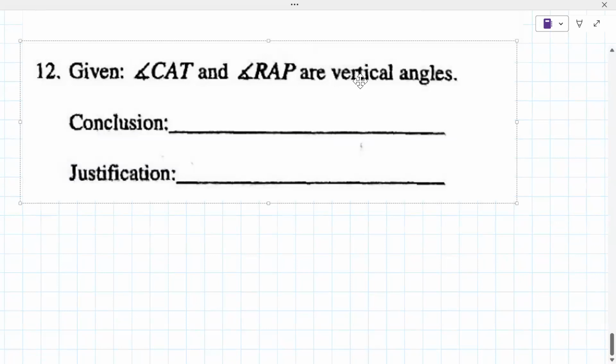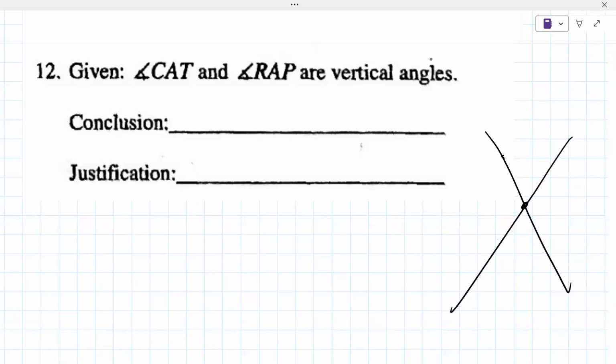All right. So this one's given angle CAT and angle RAP are vertical angles. Okay. What can you conclude about vertical angles? They're vertical. Okay. Let's try your RAP.